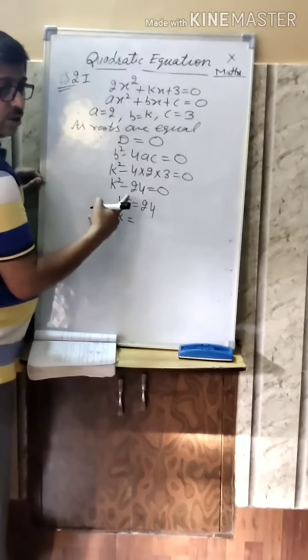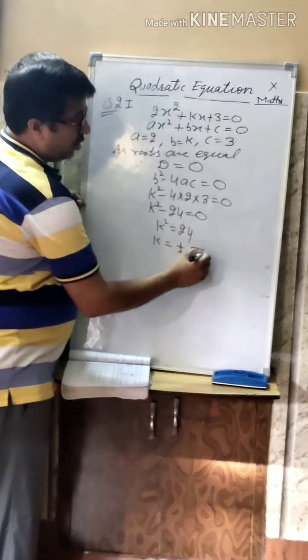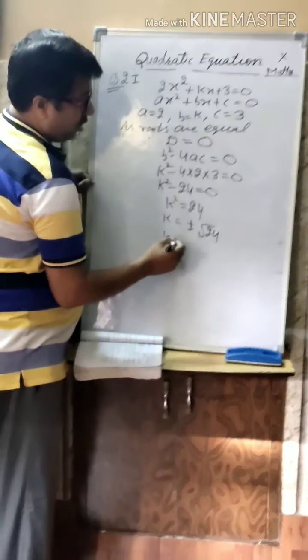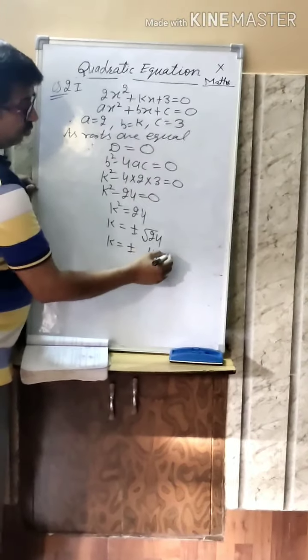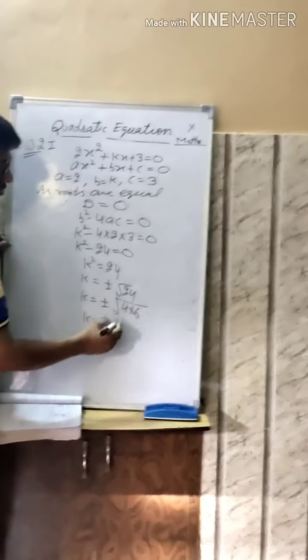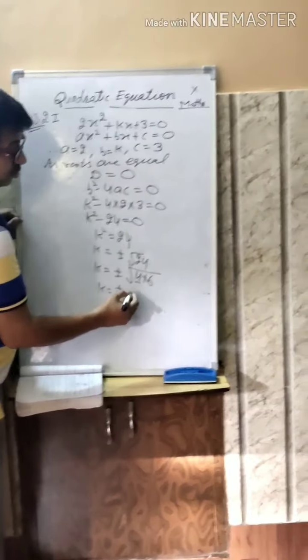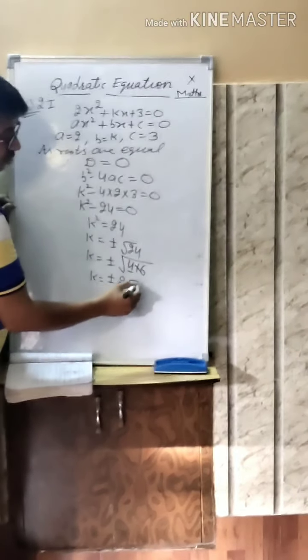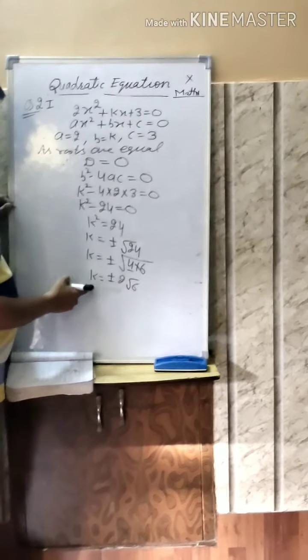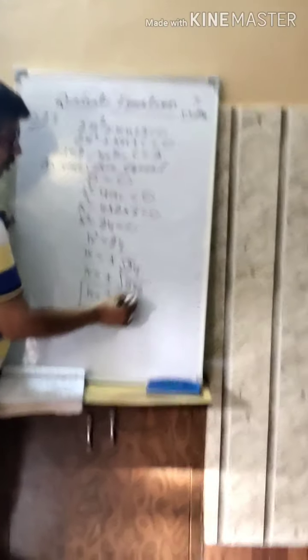On both sides you remove the square, the square root will come, you know very well. So k is equal to plus minus root 24, which means 4 times 6. So k is equal to plus minus, and the square root of 4 is 2. So the k value is plus minus 2 root 6. This is the value of k.